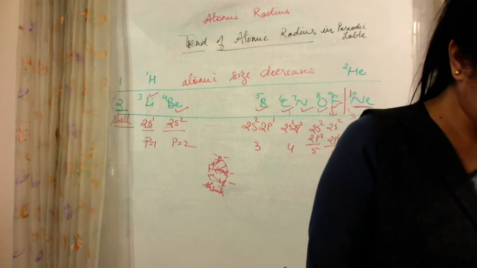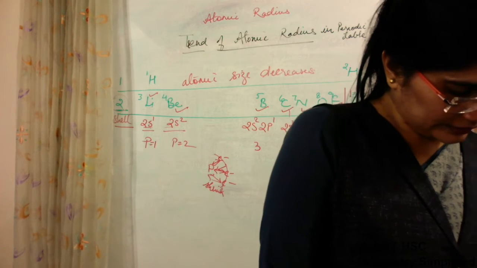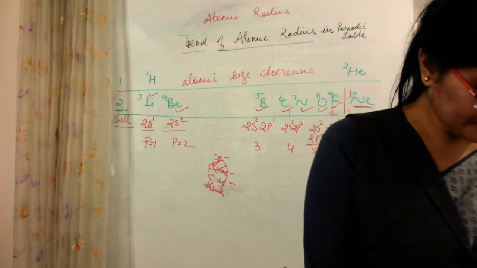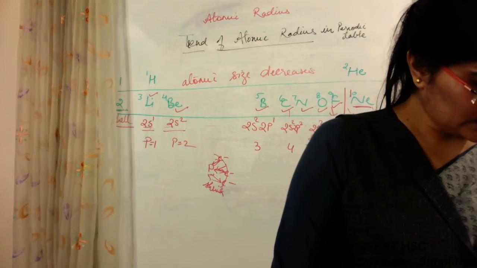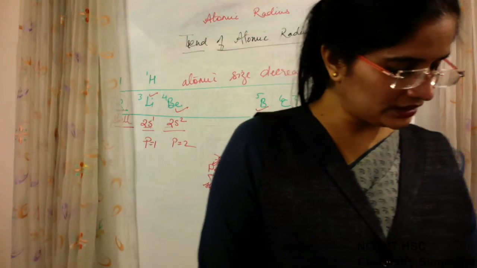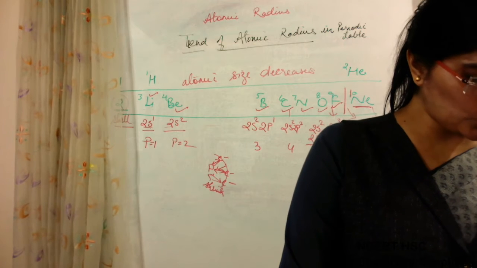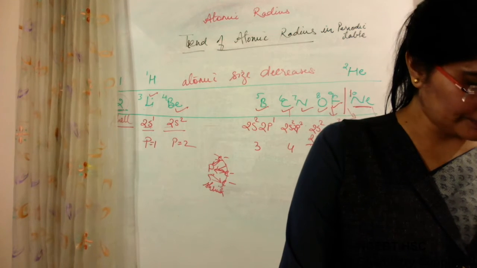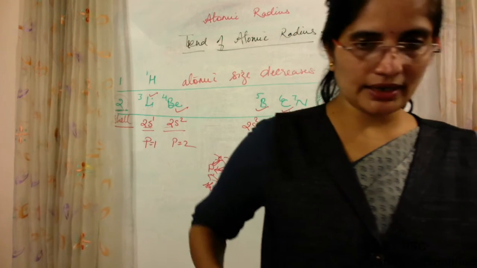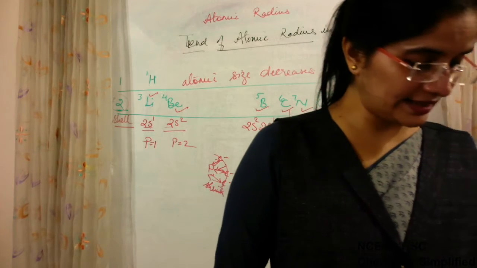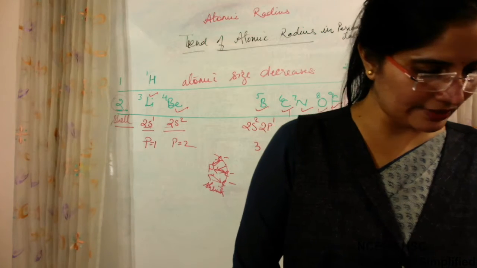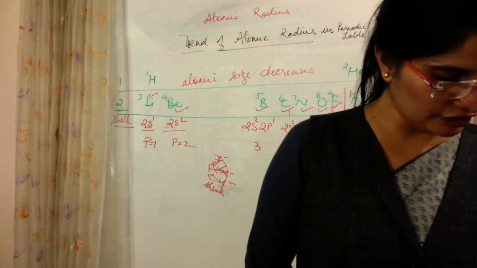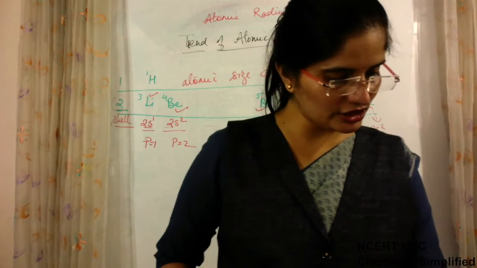Okay. For example, lithium in period number 2 has atomic size 152 picometer. Then beryllium has 111 picometer, boron has 88, carbon has 77 picometer, nitrogen has 70, oxygen has 74 and fluorine has 72.